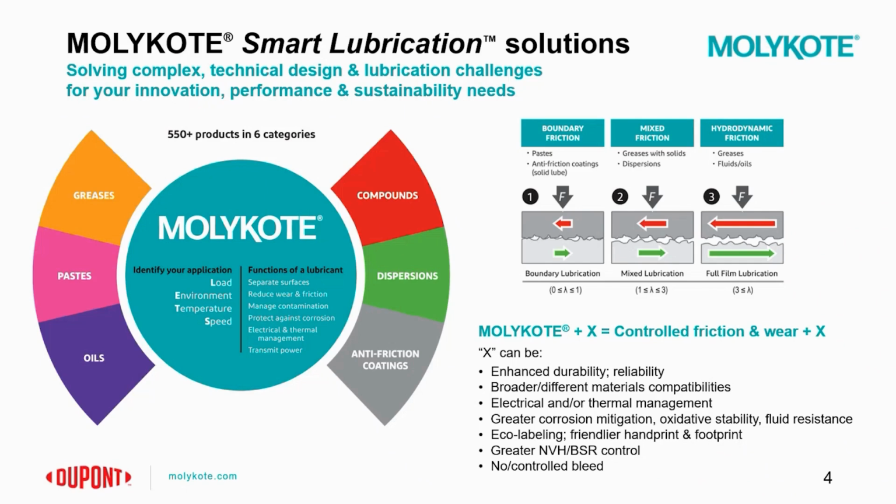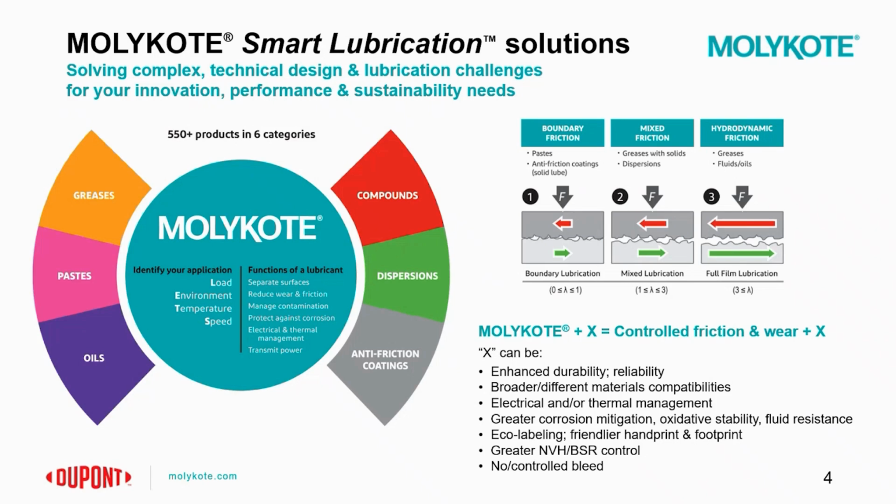An example of an application involving boundary friction is press fitting. For applications involving boundary friction, we would often lean towards the selection of either a paste or an anti-friction coating, which are lubricants in which the solid lubricant is acting as the primary lubricating agent. In such cases, it's important to consider the capabilities of the solid lubricant in the formulation when we're selecting a chemistry for that application.